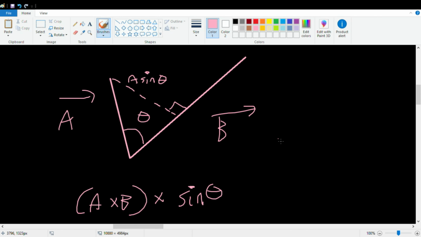Very similar to dot product, but, you know, perpendicular. Now, the worst thing about the cross product is that it is three-dimensional. That's right, three-dimensional.